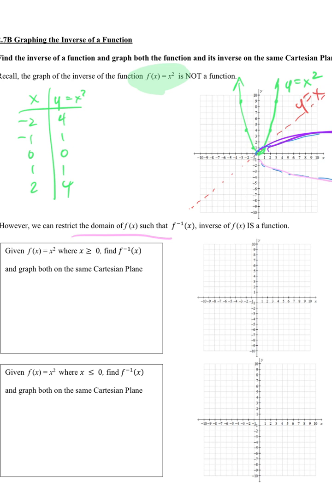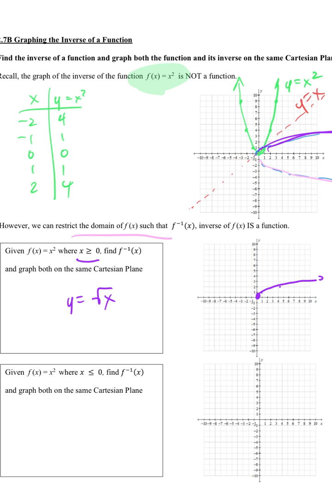And I'm going to get this. So if I'm looking at only when x is greater than or equal to 0, so not just positive but also 0, I'm going to get just this top half of the graph, right? And I'm looking at the image, right? So I'm looking at 4, 2, right? I'm looking at this. So that is just y equals the square root of x.